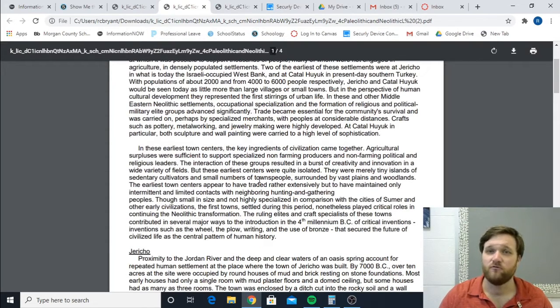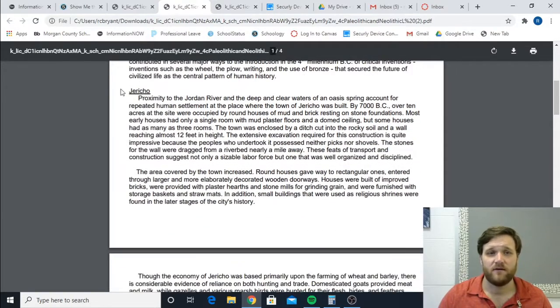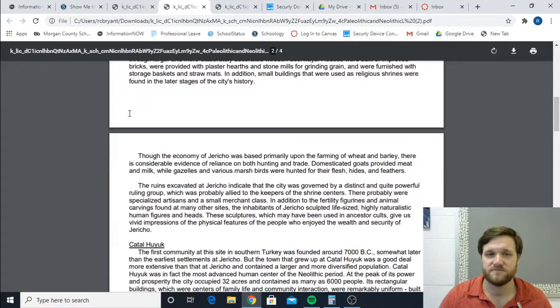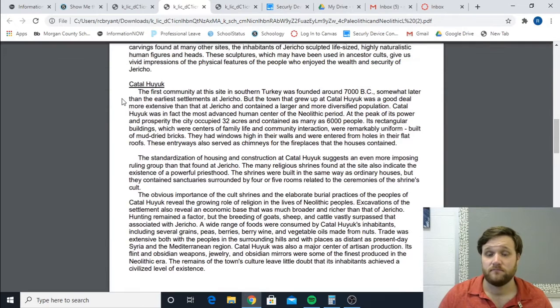This is an overview of both, how they got founded, what they had in common, why they were similar. But then if you scroll down, we'll get to an area just on Jericho. This is going to go a little bit into specifics just on Jericho. And then this last part is Catalhyuk. And that's it.